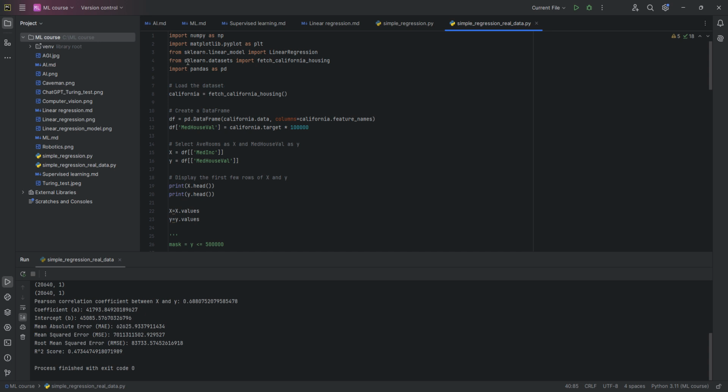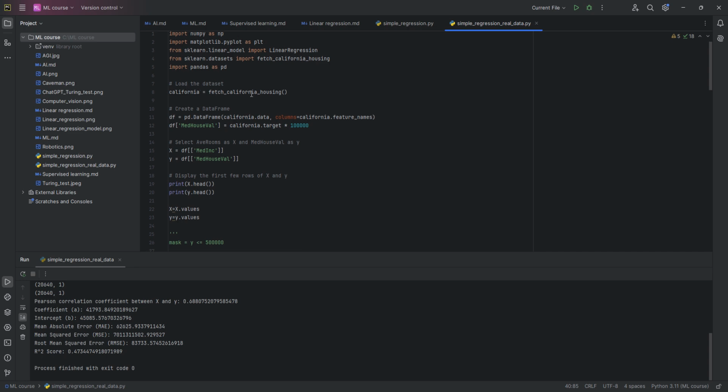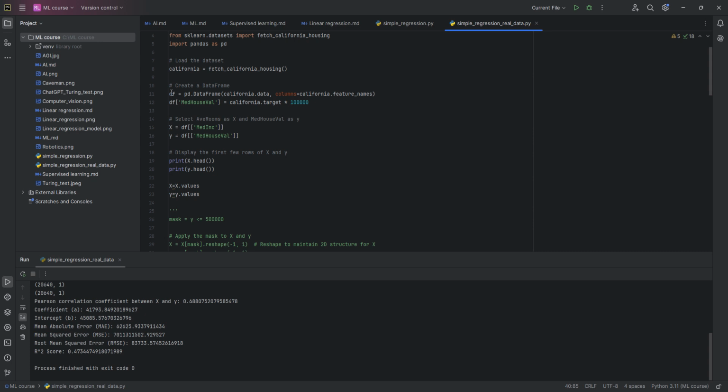So here we are using the scikit-learn package, and we are using a built-in data set there for housing prices from the state of California, and this fetch California housing function, which we are importing here, is able to give us that data set very simply with running this code. So California is our data set, and we are moving that data to a Pandas data frame here.